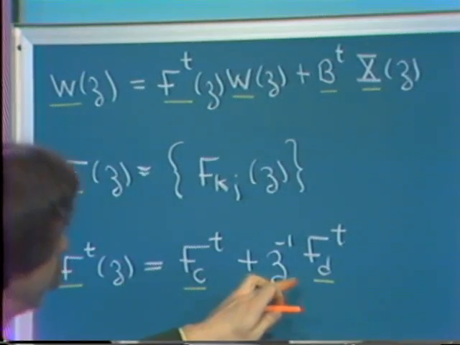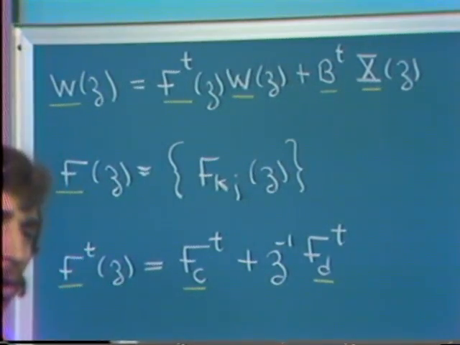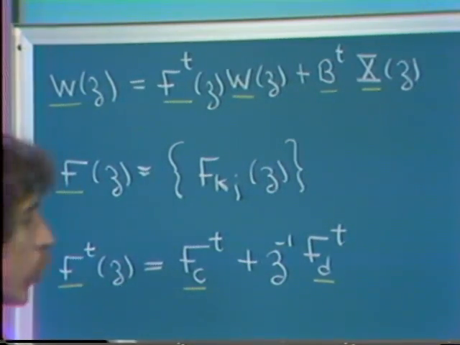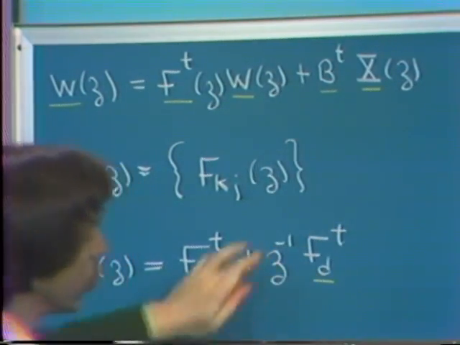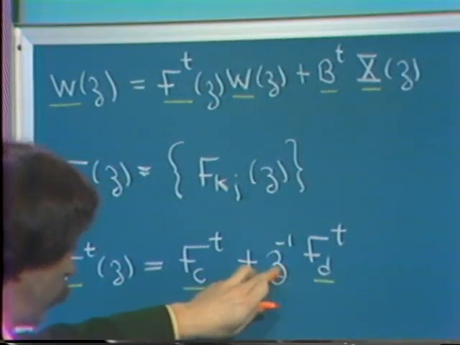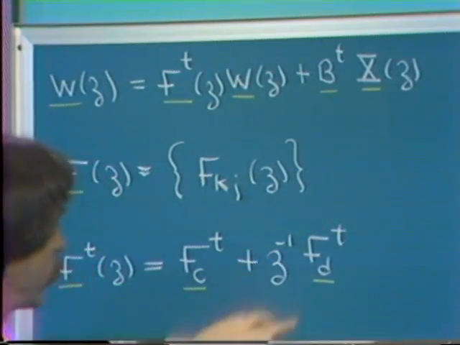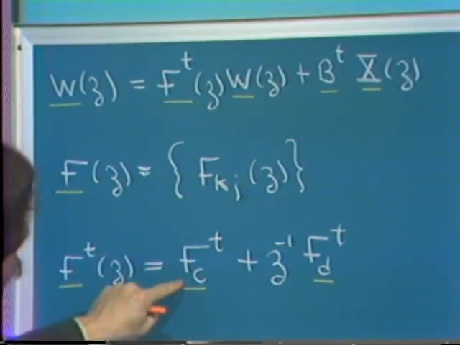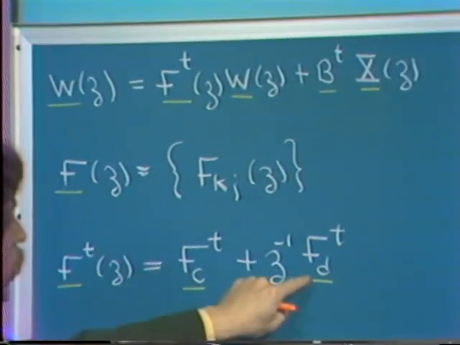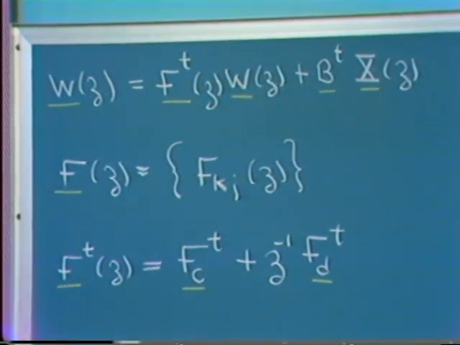The second matrix contains only terms involving z to the minus 1, and of course we can pull the z to the minus 1 outside, and so we have the delay terms isolated. In other words, we have a matrix of coefficients here, all of the terms multiplied by z to the minus 1. So the matrix F of z can be separated into a coefficient matrix and a delay matrix.